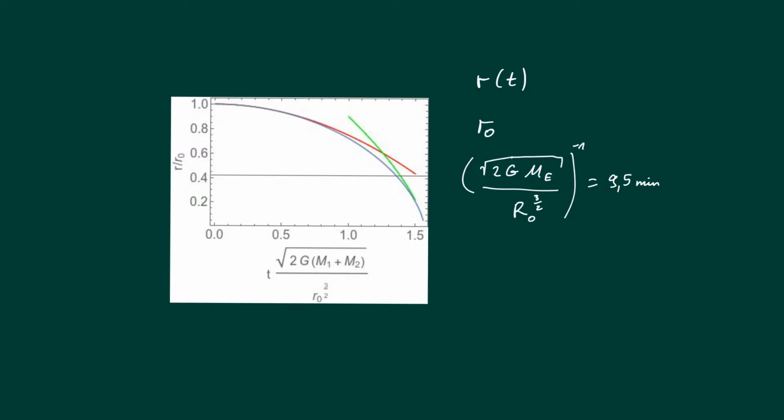What does this mean? It means that if you have a very small light object, so this is the mass small m, which is much smaller than the mass of the Earth, and you let it fall towards the center of the Earth, and let's say the Earth is a point mass with the mass M_E, then after approximately 10 minutes, that's here where we have 1, after 10 minutes it has reached approximately 0.7 times the radius of the Earth.